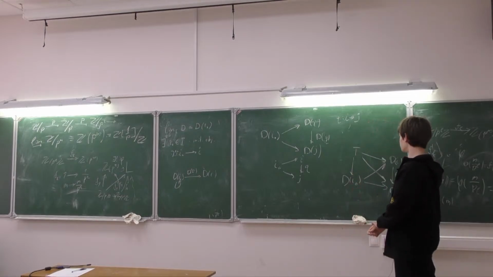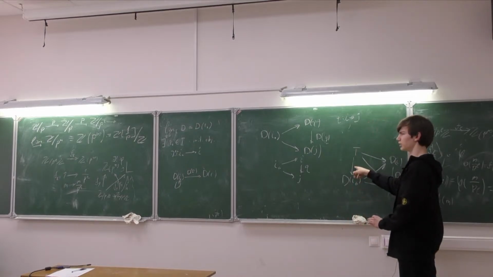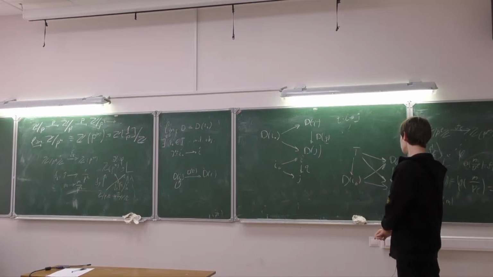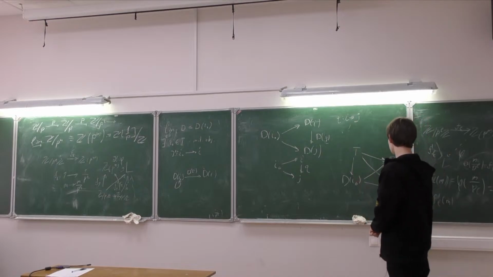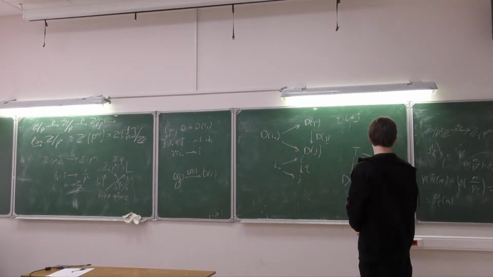I need to prove that there is only one map. So you need to show that there is at least one.